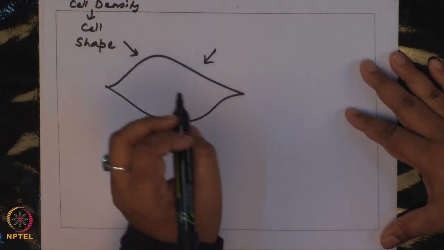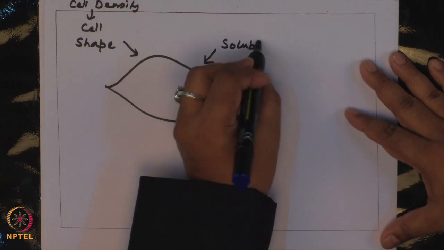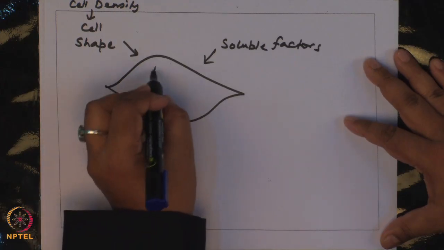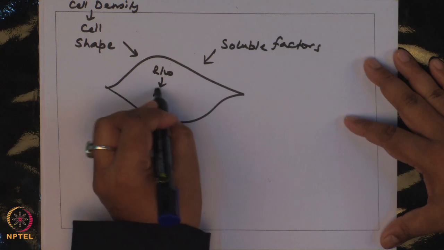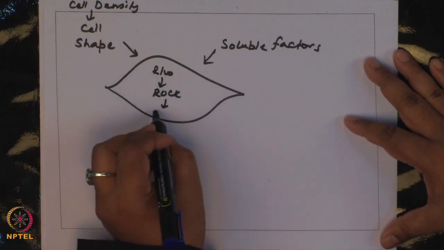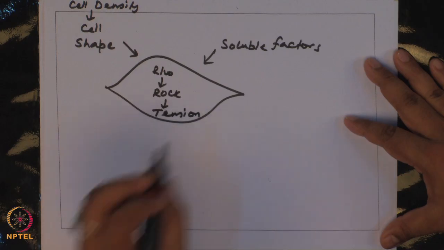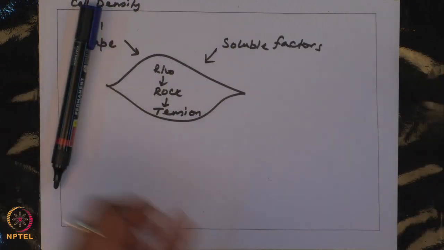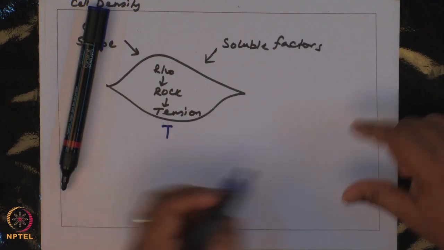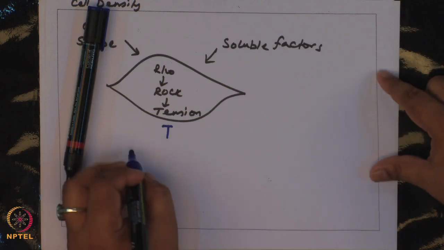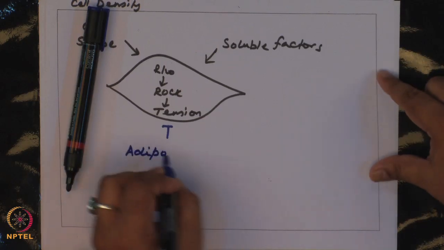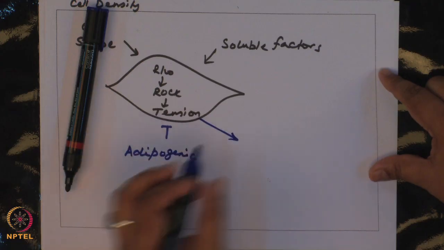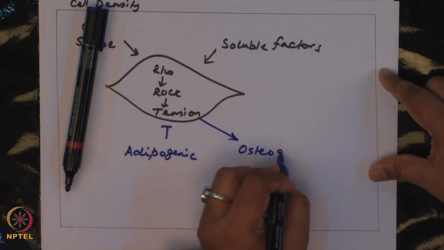You also have a soluble factor, and internally what they do is they stimulate actomyosin contractility. If you inhibit this tension, then you will get adipogenic differentiation, while if tension is promoted, then it leads to osteogenic differentiation.